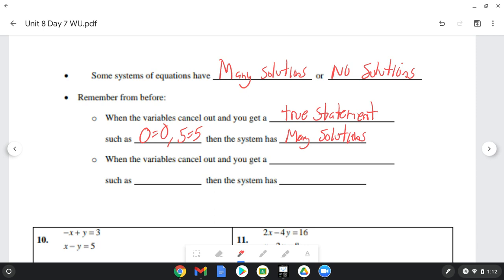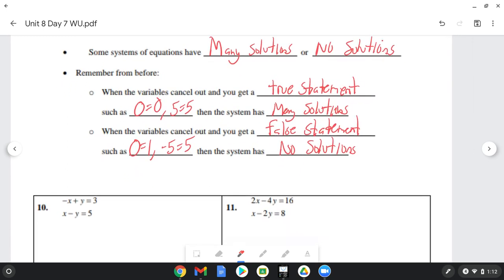If you cancel out the variables and you get a false statement, such as 0 equals 1, that's false, or negative 5 equals positive 5, that's false, that means that there's no solutions. So I'm guessing down below here, we're going to have some problems that will give us one of those two, or possibly even give us an answer. I guess we'll find out and see in just a second.